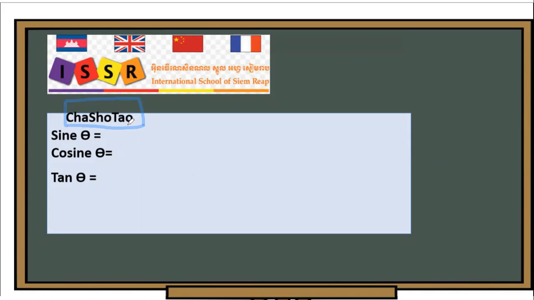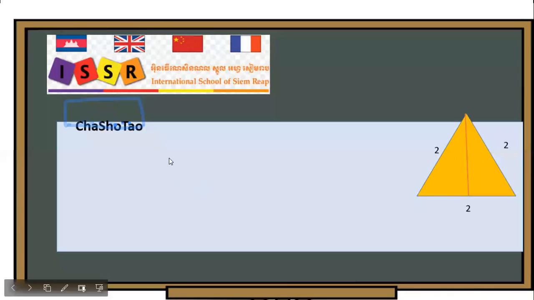For the tangent, you say opposite over adjacent. For the sine, opposite over hypotenuse. For the cosine, adjacent over hypotenuse. I hope you are also going to be able to remember it.